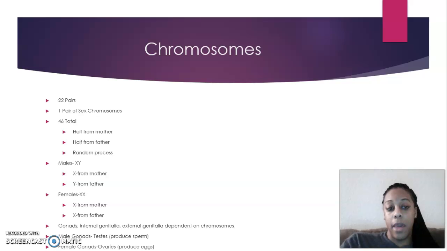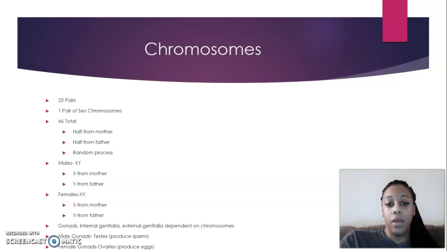When we talk about males, they have an XY chromosome pair. An X chromosome comes from the mother and the Y chromosome comes from the father. When we talk about females, it's an XX pair, so we have 1 X from the mother and 1 X chromosome from the father.